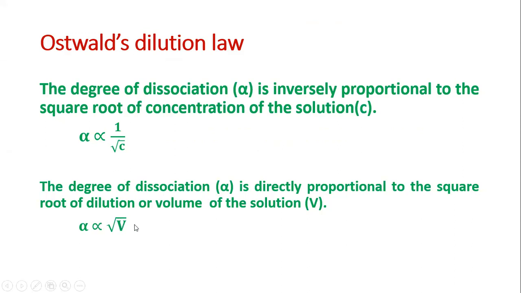So alpha is directly proportional to the square root of volume. Both of these are statements of Ostwald dilution law. This law is applicable only to weak electrolytes, and that too in dilute solutions. So that's about the Ostwald dilution law. Its statement is important for 1 mark.